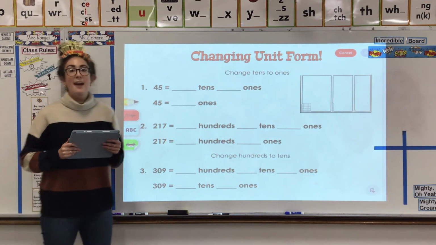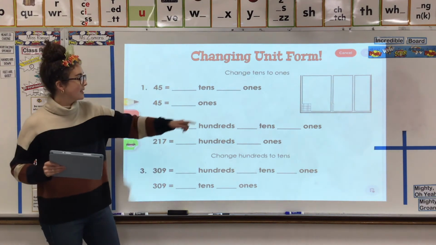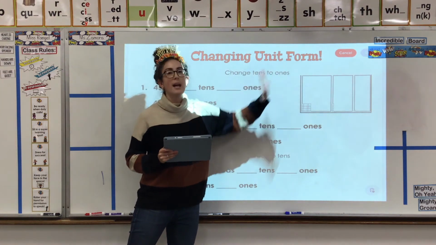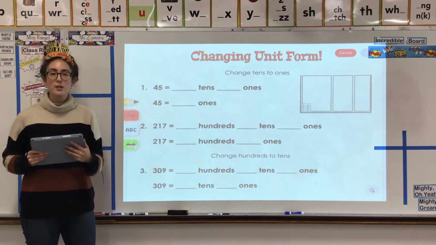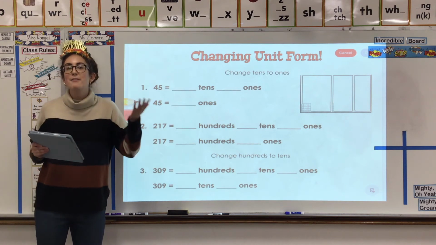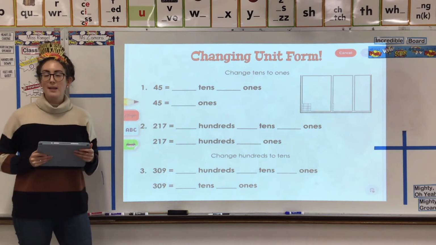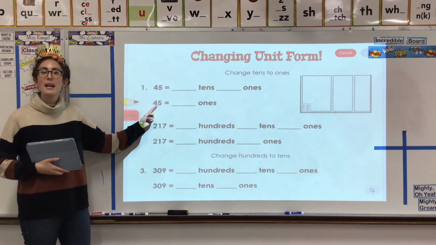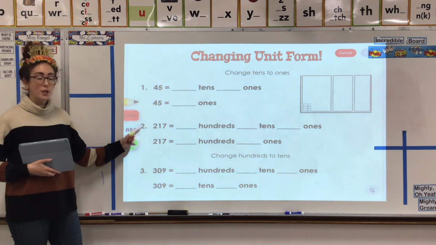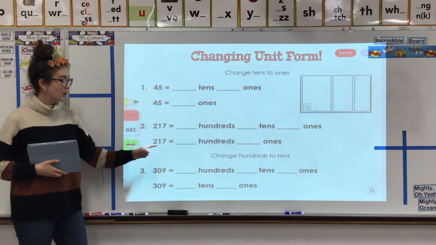So second grade, this is your Thursday task of changing unit form. So you have 3 problems I need you to complete where you're showing the value of a number 2 different ways. Number 1, you're working with the number 45. And number 2, you're working with the number 217.